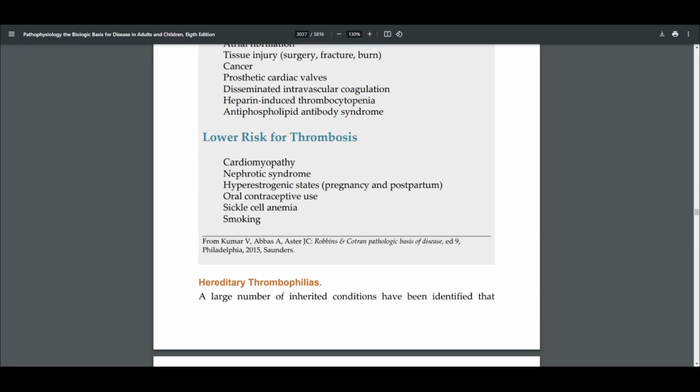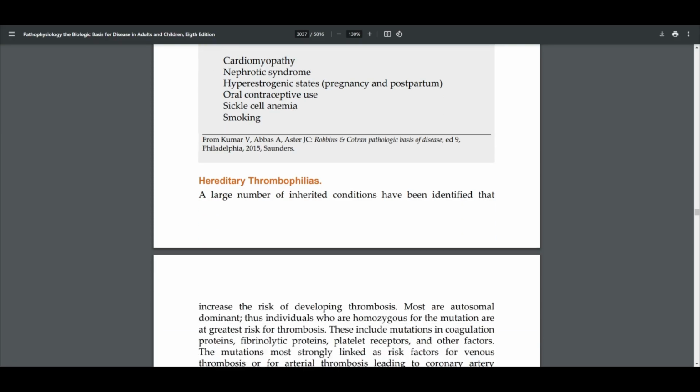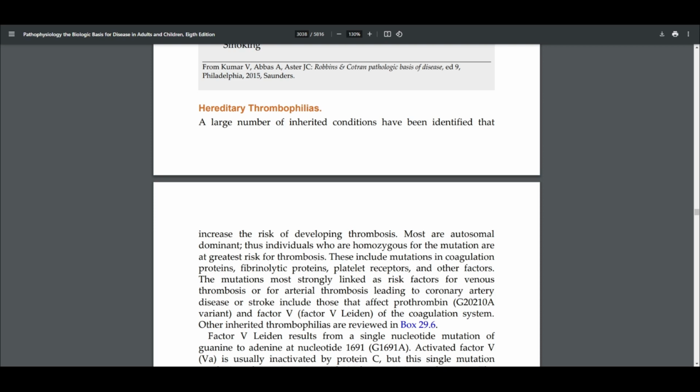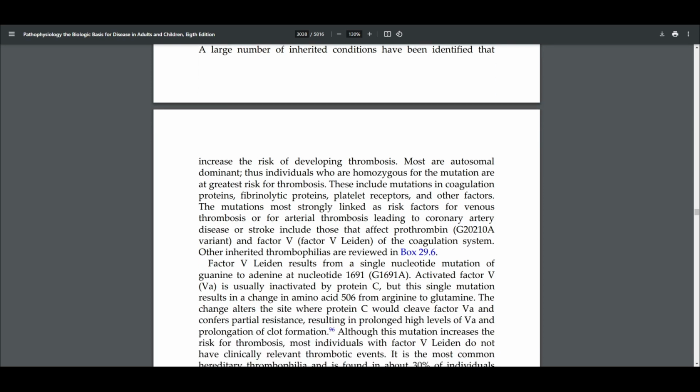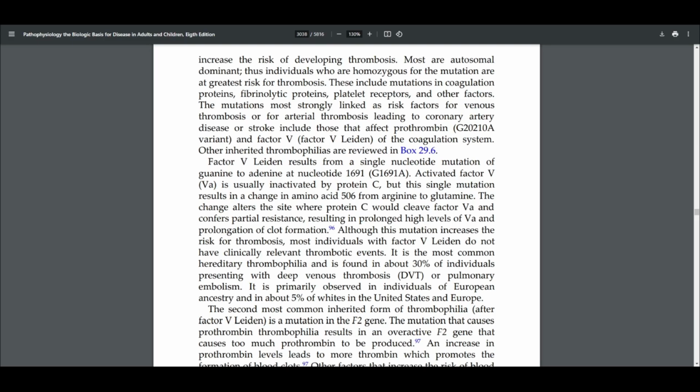So, hereditary thrombophilias. A large number of inherited conditions have been identified that increase the risk of developing a thrombosis. Most are autosomal dominant. Thus, individuals who are homozygous for the mutation are at greater risk for thrombosis. These include mutations in coagulation proteins, fibrinolytic proteins, platelet receptors, and other factors.